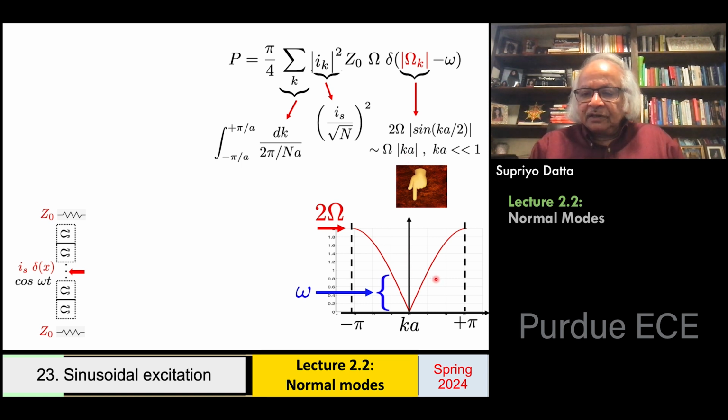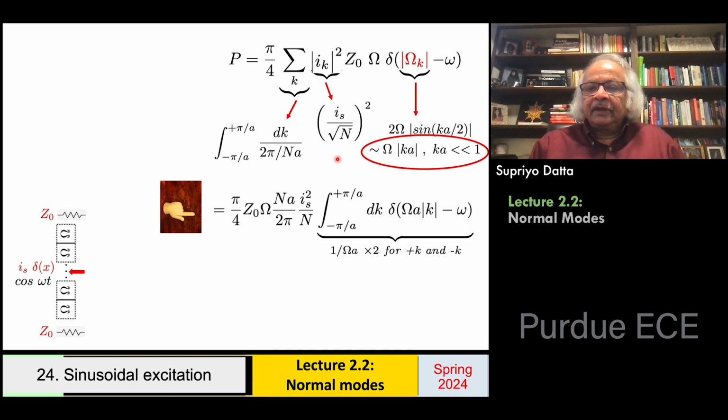So that works down here. And if you do that, then instead of omega k, I could put omega Ka. And now I can evaluate this sum in this limit. I just collect all the constants together, string them together, and then I'm left with an integral dk over a delta function. And the delta function is omega k minus omega, and omega k is this omega ak minus omega.